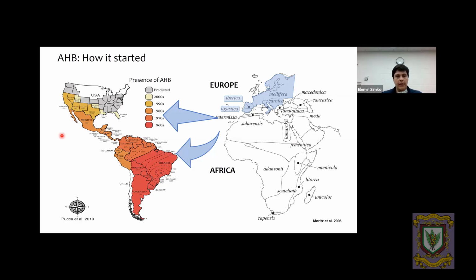At the time, they decided to introduce a bee that would be more adapted to the climate conditions found in Brazil. European bees, the only bees we had there at the time, are not very adapted to the climate conditions there. They are not as productive there.